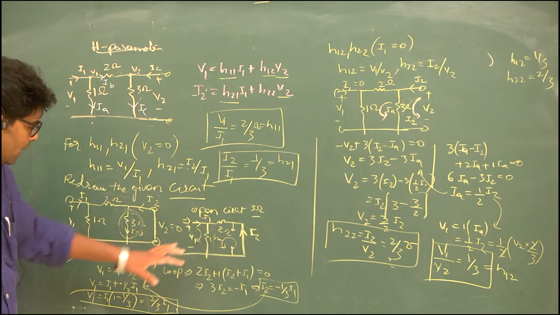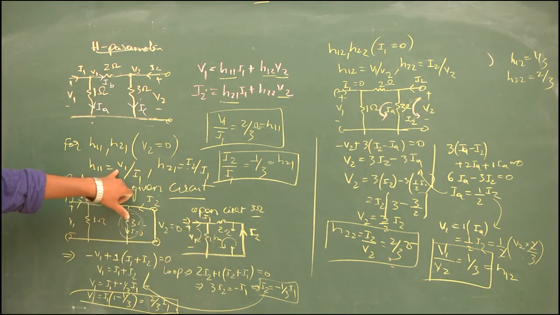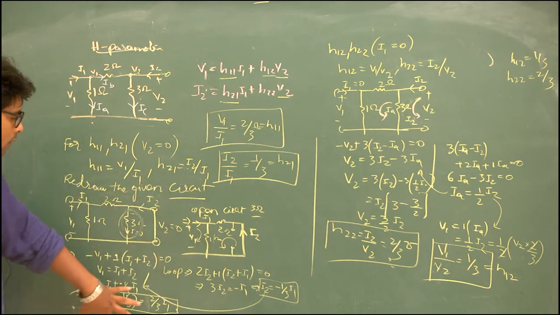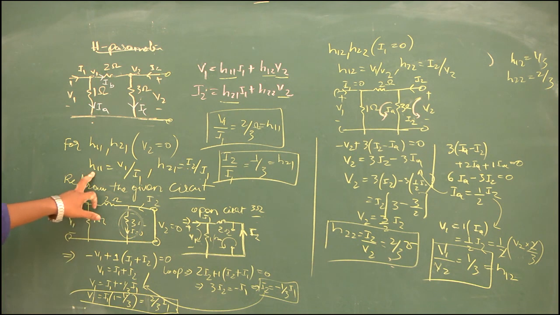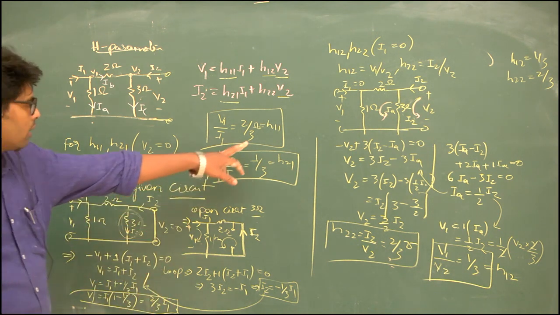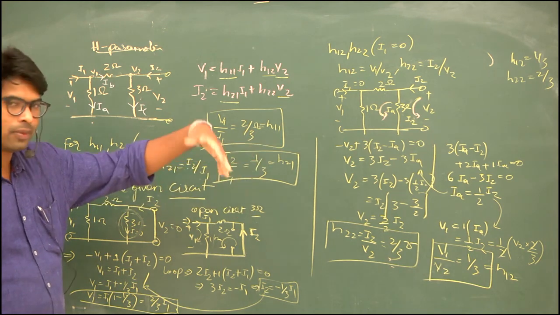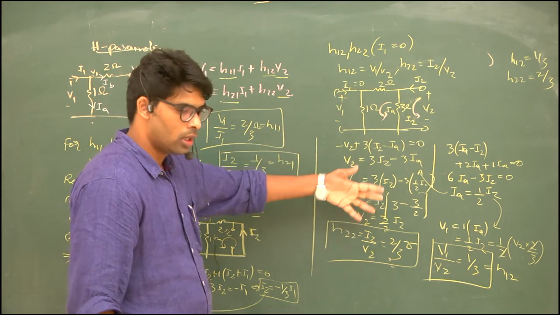By applying simple KCL equations, we rearranged things according to our requirement, that is V1 by I1 and I2 by I1, and we got H21 as 2 by 3, which satisfies the earlier equation. Similarly, we did this for making I1 equal to 0.